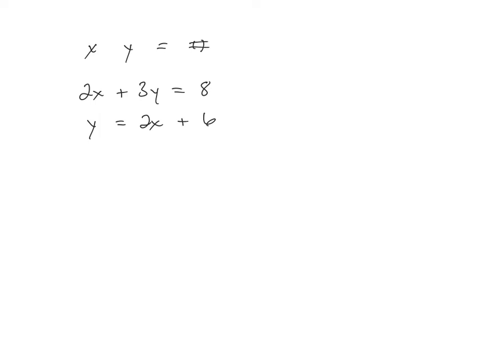Okay, well, they don't line up. So I tend to, like I said, make it look like this, x, y equal number. So if I do minus 2x to that side, it solves it. Now I have x, y equal numbers.